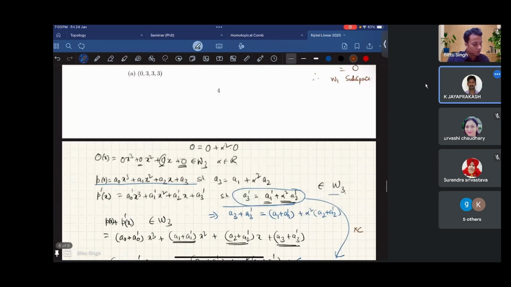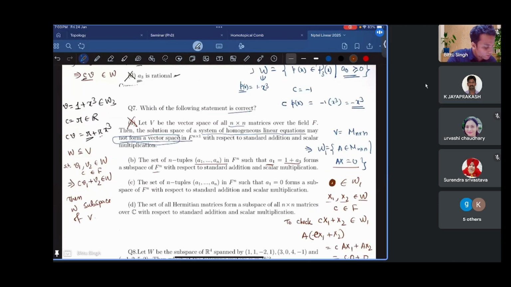Okay. Thank you, sir. So can you say if it is forming a subspace or not? The first thing we need to see is if 0 belongs to this set of n-tuples. The zero element of this F^n will look like 0, 0, 0 everywhere. So here the third entry a3 is equal to 0, and a1, the first element, is also 0.